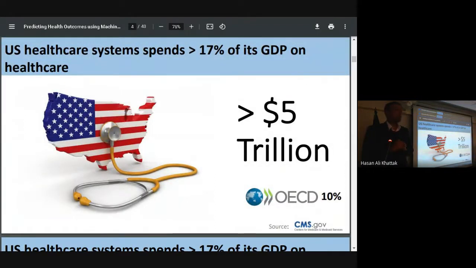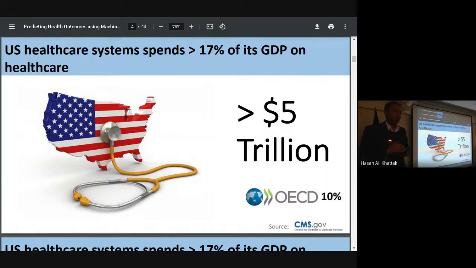At this time, in the US healthcare system, the total spending is 17% of the US GDP per year, which is around $5 trillion. And the OECD countries, the developed countries from Norway to Denmark and all the others, combined are spending around 10% of that 5 trillion.